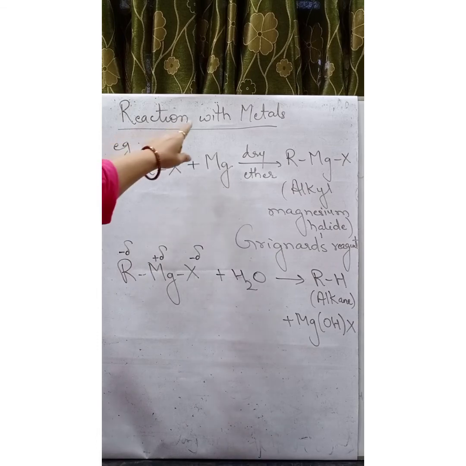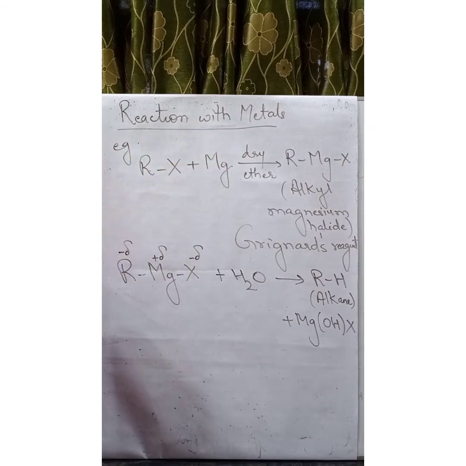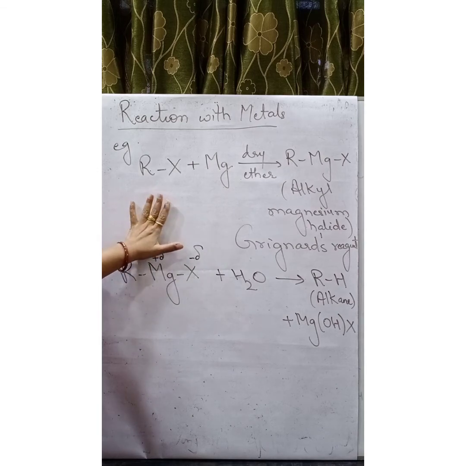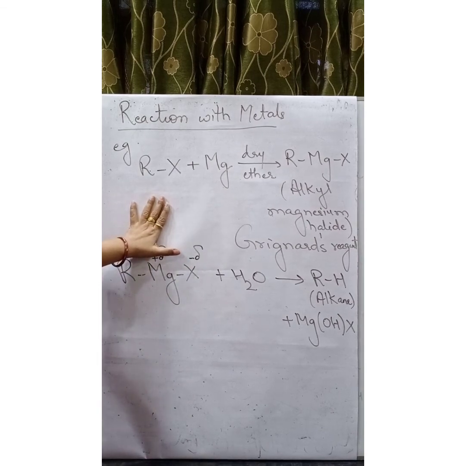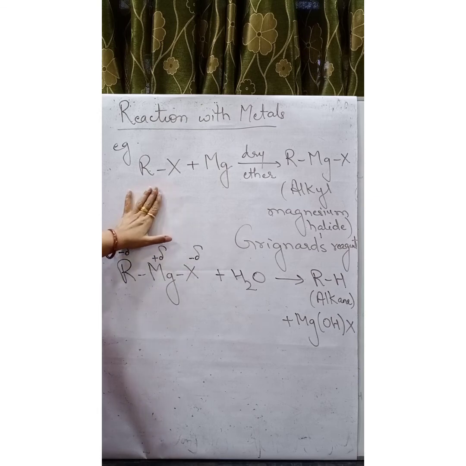The next reaction of haloalkane is with metals. Many organic chlorides, bromides and iodides react with certain metals to give compounds containing carbon-metal bonds. Such compounds are also known as organometallic compounds.